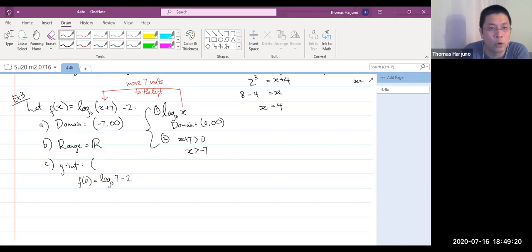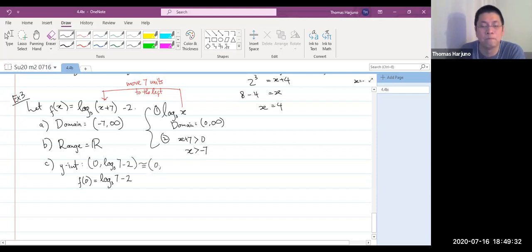It's supposed to be (0, log base 3 of 7 minus 2). Now, in decimal, what will that be? Let me find my calculator. Again, you will use a scientific calculator, not a graphing calculator, but to do the log function, it will be the same. Let me teach you how to use our calculator first.